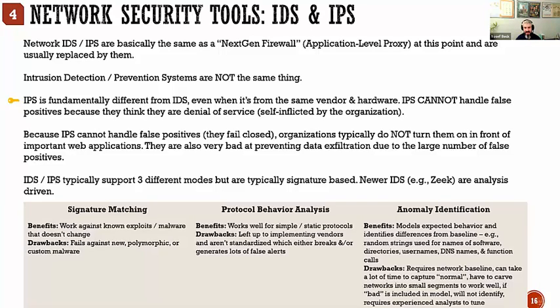There are three different types of IDS and IPS. They're mostly signature-based. The newer IDS can do anomaly detection, but essentially the way they work is your most basic is signature matching, which is where we know a known exploit or a known malware. We know what that looks like coming through on the network. And so we build a signature and we say, if it matches this rule, drop it, or at least alert on it, right?